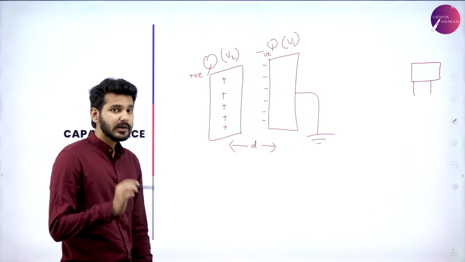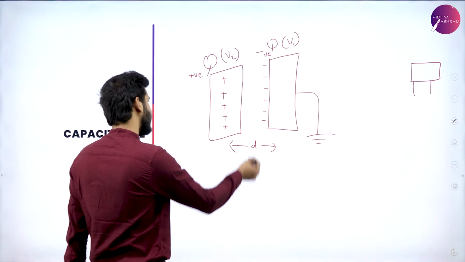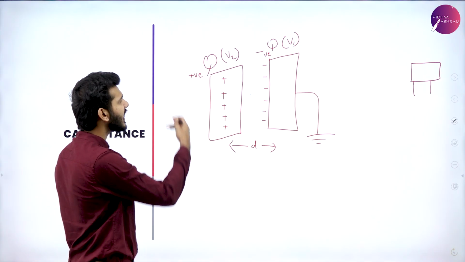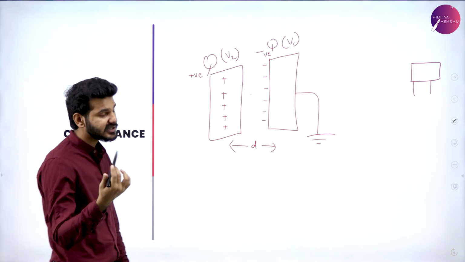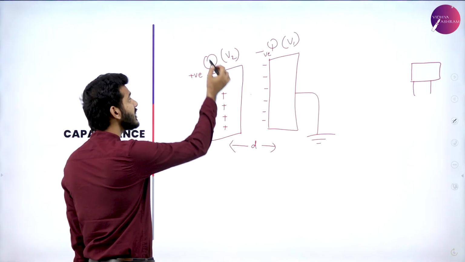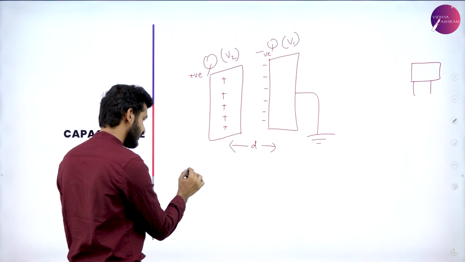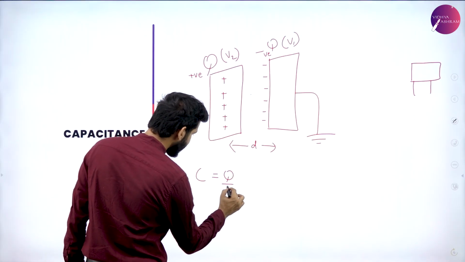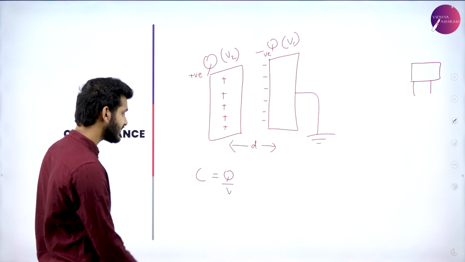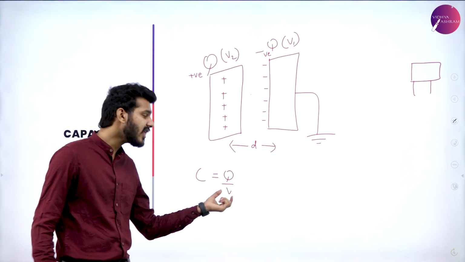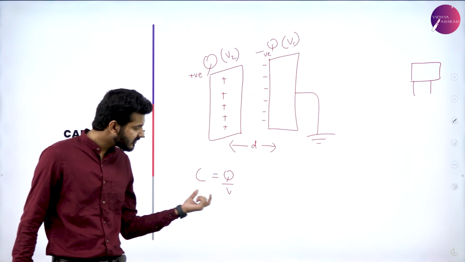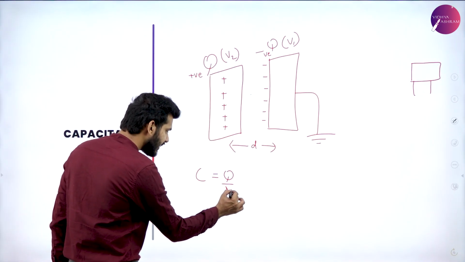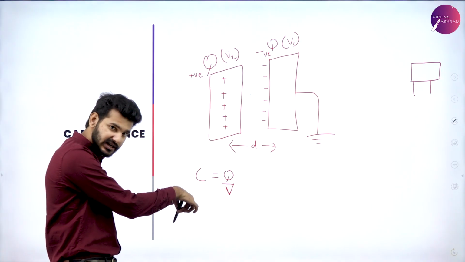Now, what will be the combined potential at, let's say, this point in the middle? We know that the equation for the capacitance is C is equal to Q by V, which means that the capacitance and the potential are inversely related, which means if V increases, C decreases.